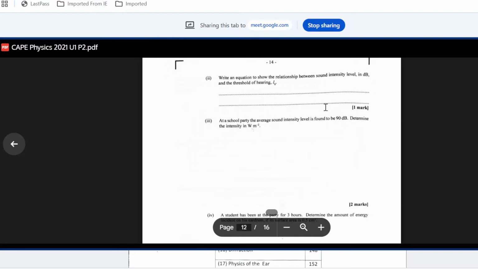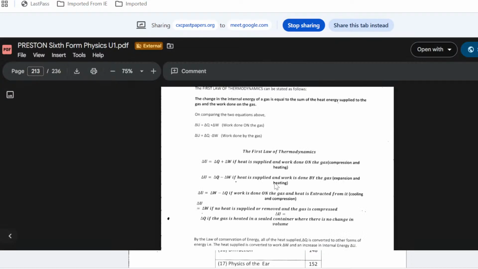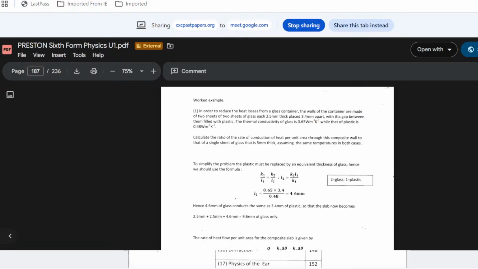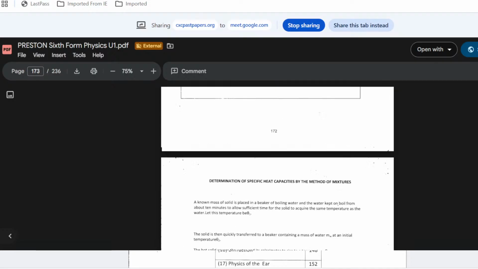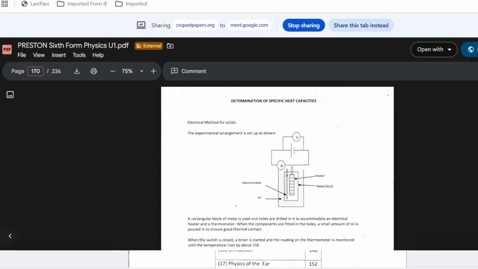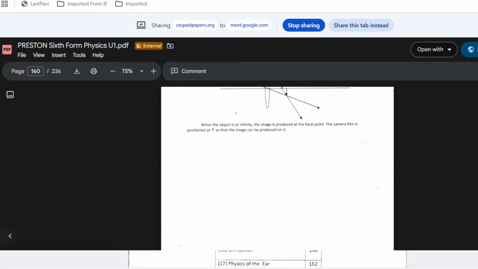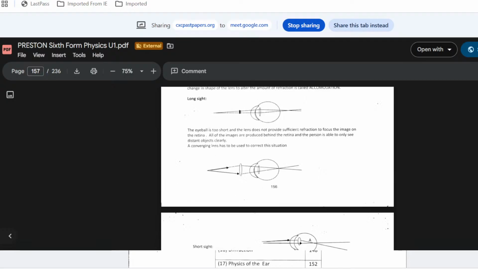Is there another way to put it? No, because logs is one of my weaker points. I'm not really sure how it goes, but I'm pretty sure there's something like 10 log base 10. I don't remember the rule.